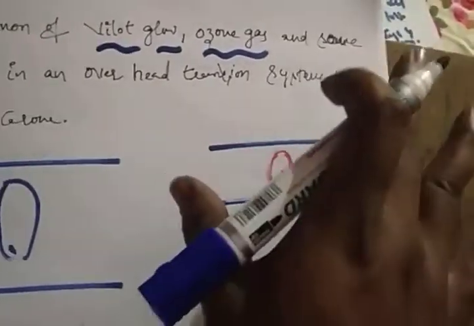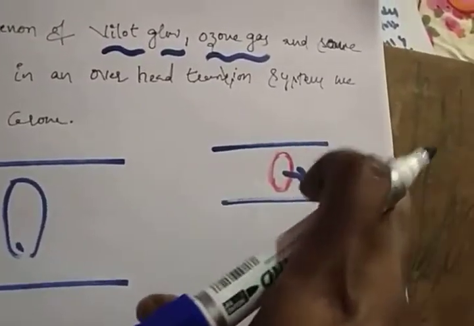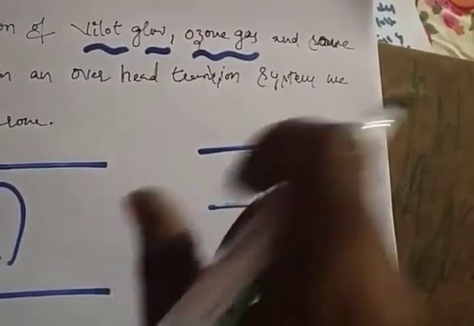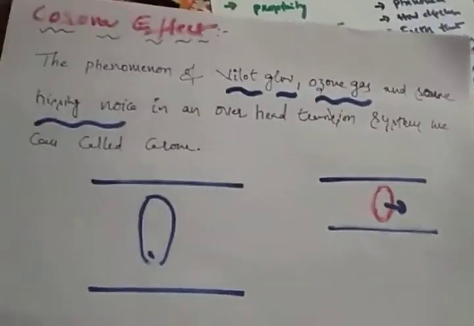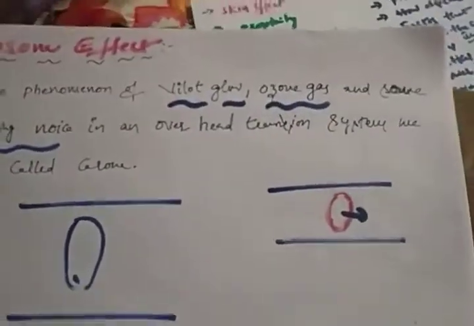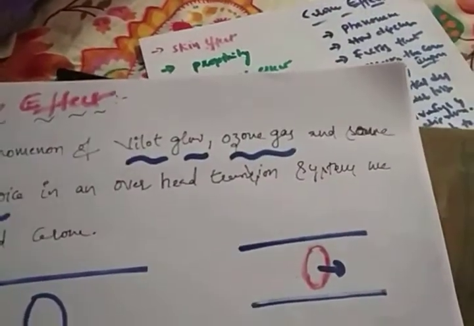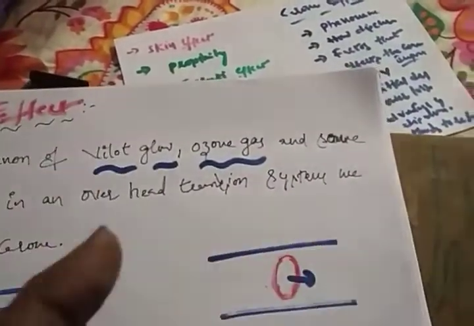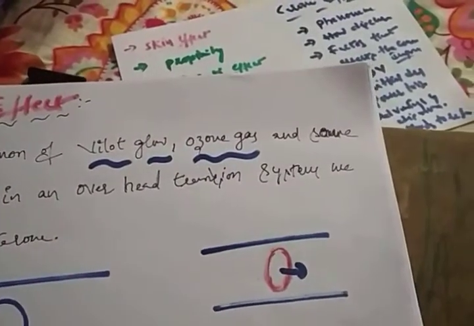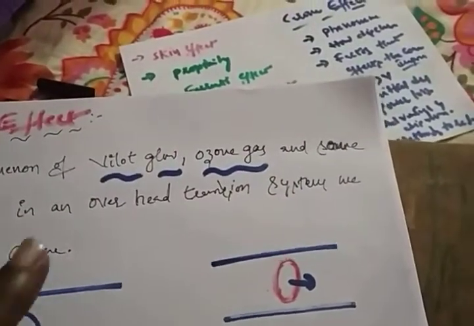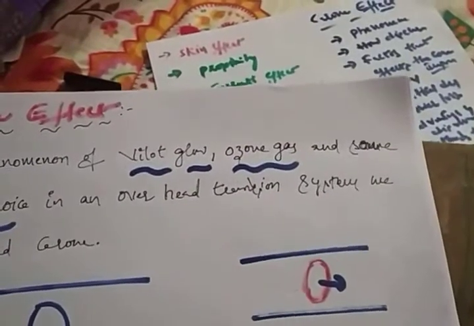This forms a hissing noise and a violet glow. The violet glow, hissing noise and ozone gas developed over a transmission system carrying high voltages, we call as corona.